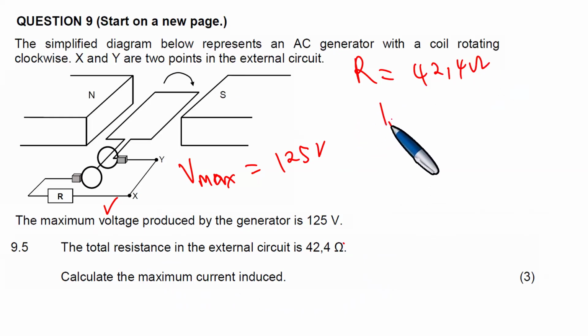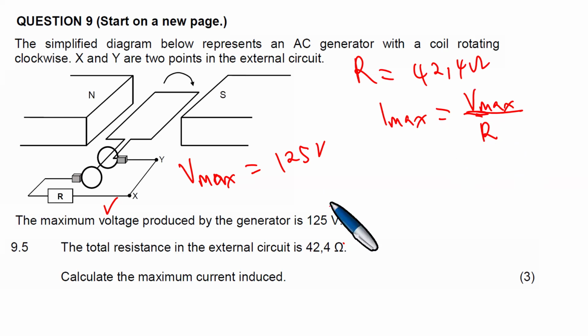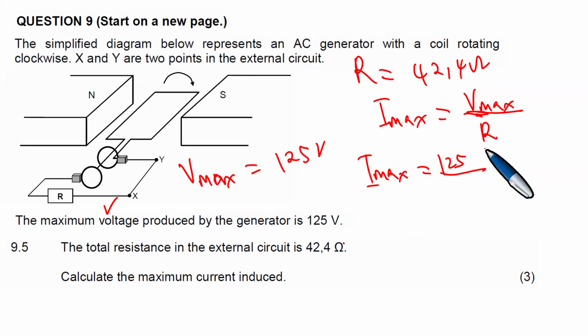And now if we have I max divided by R, because it is the I max, I is V over R, Ohm's law.